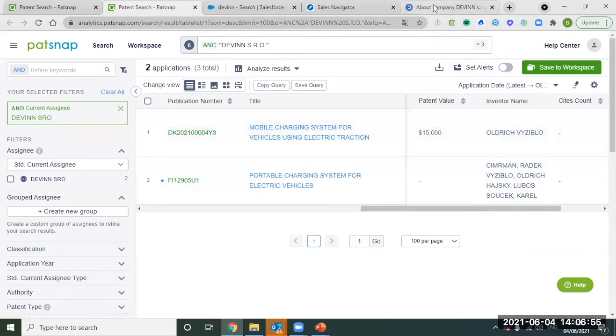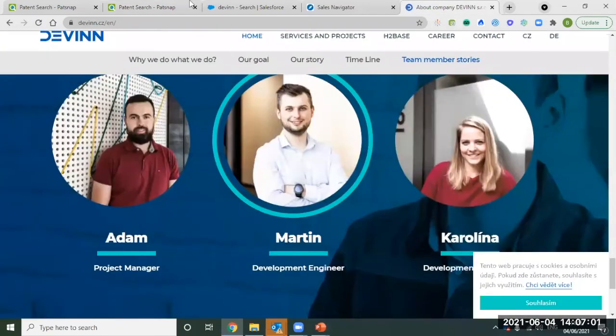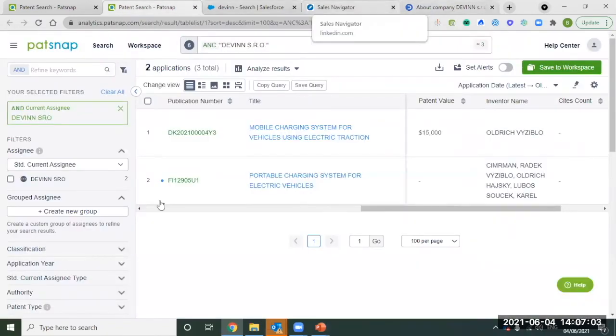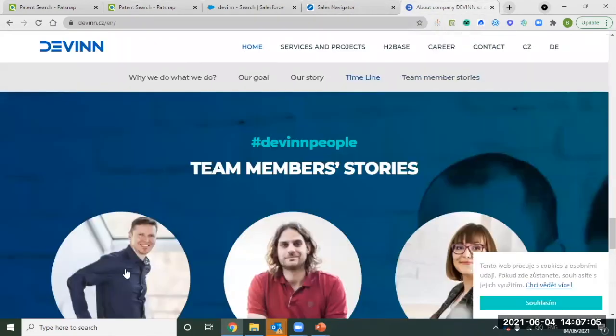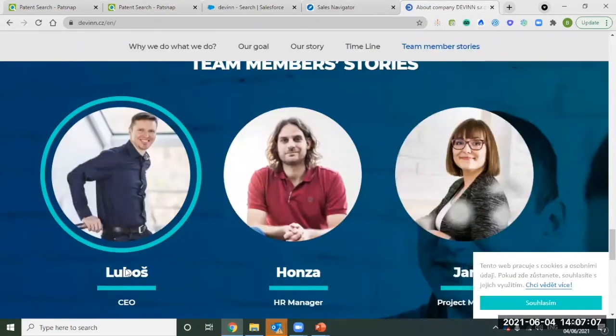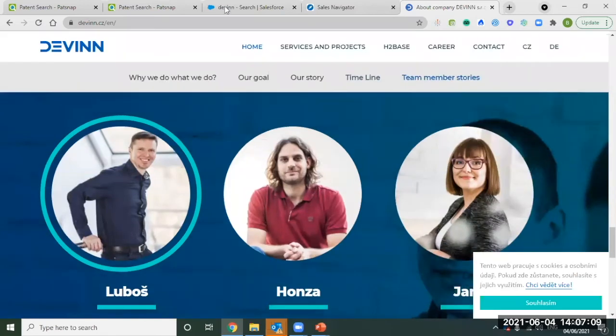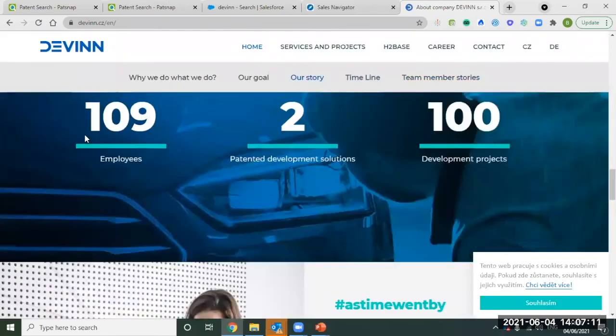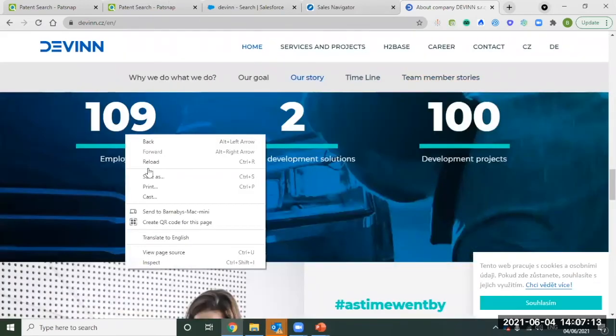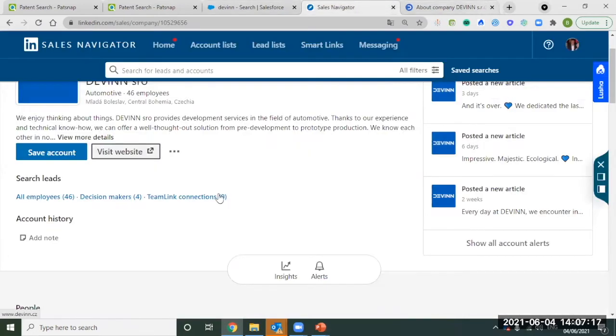My Czech pronunciations are not the best. We can see Lubos is clearly, as the CEO, highly linked to the research and development. So within a company that's got 109 employees, or 46 on LinkedIn, we'd probably want to speak with him or one of his R&D guys around the company.